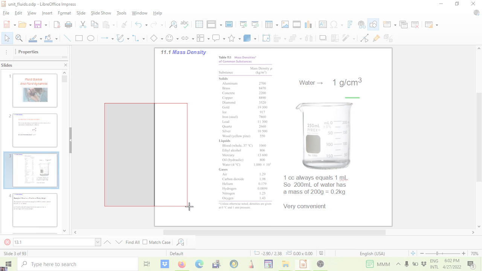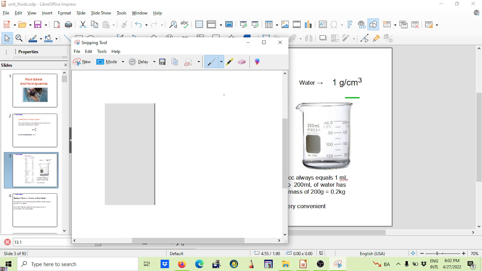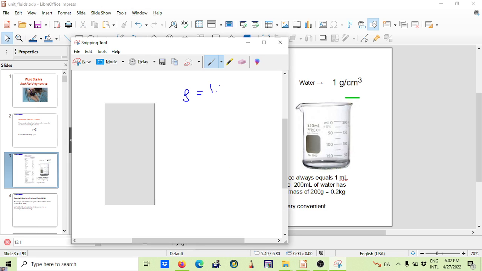Air. So we live in an ocean of air, like the atmosphere is like an ocean, and the density of air is about 1.2 or 1.3. So let's say 1.3 kilogram per cubic meter.